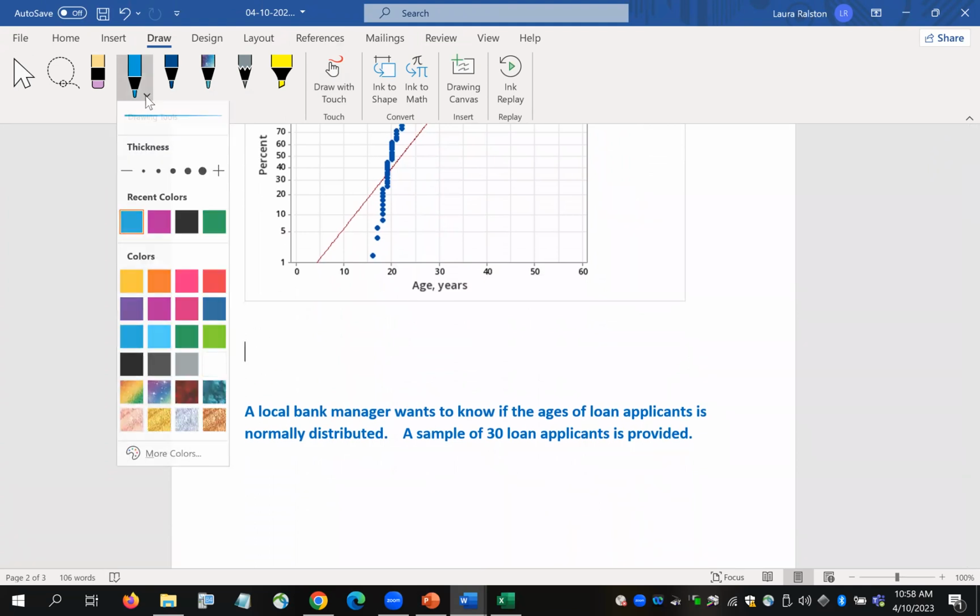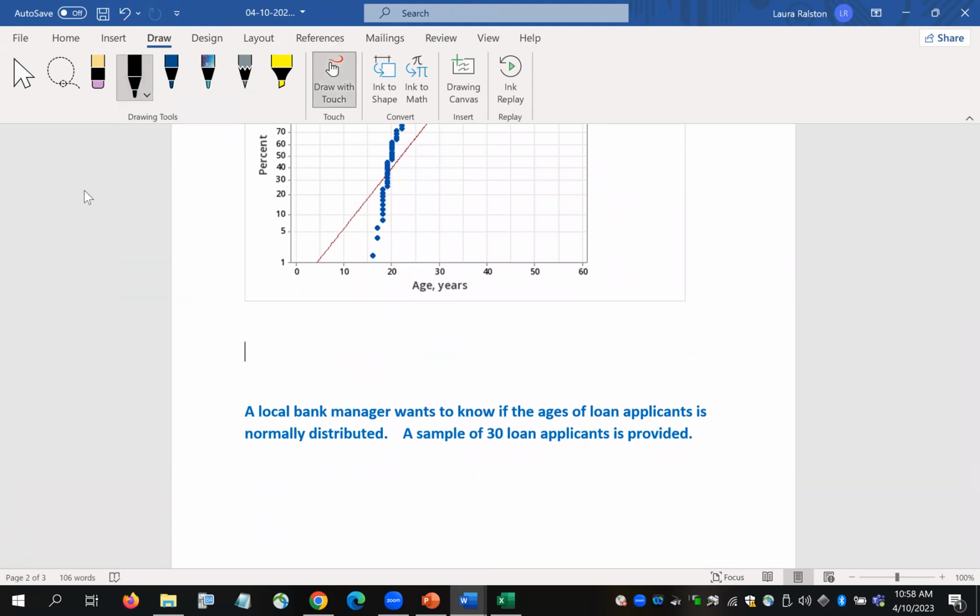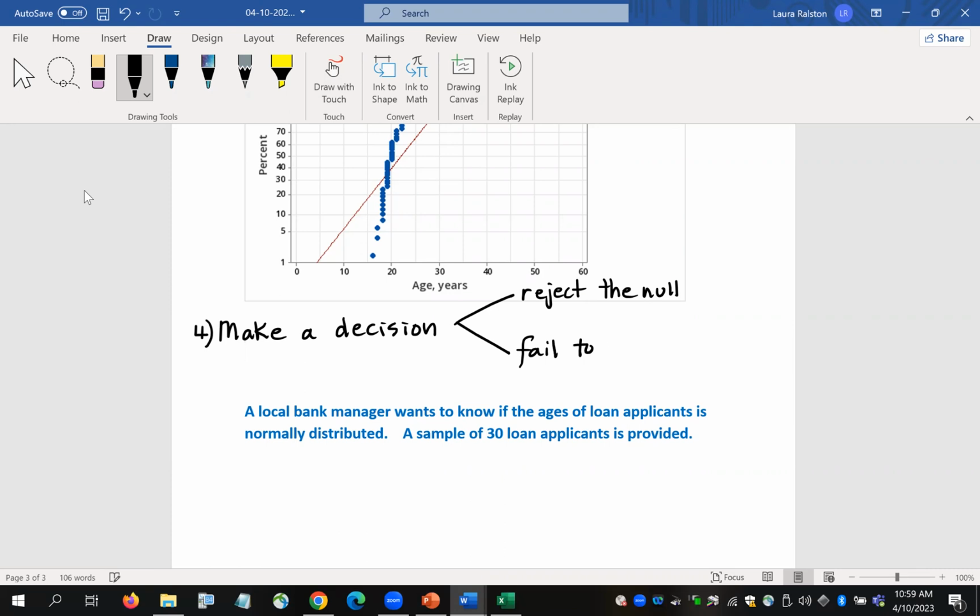Then I go to step 4. Step 4 in the hypothesis testing process is to make a decision. And remember, you only have 2 options. You're either going to reject the null or you're going to fail to reject the null.